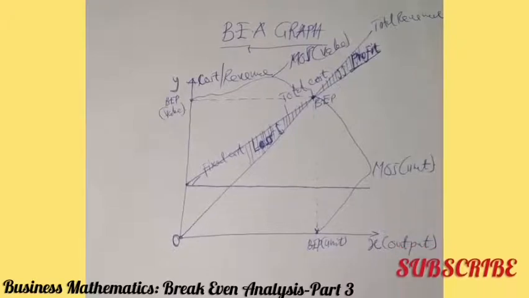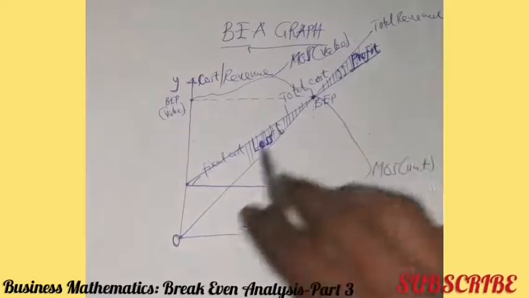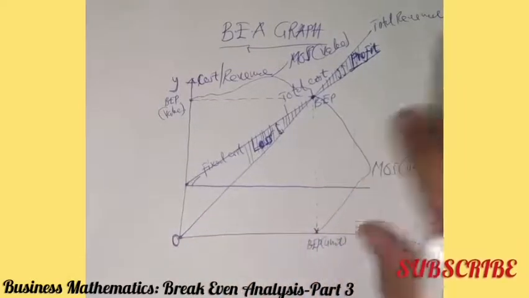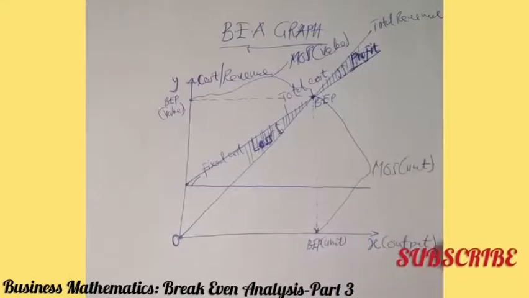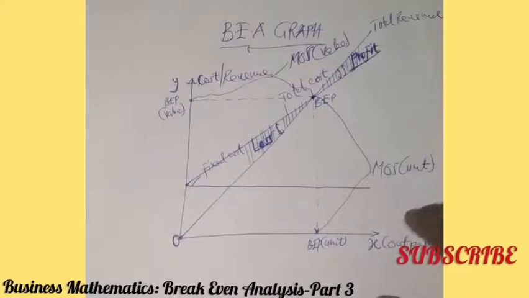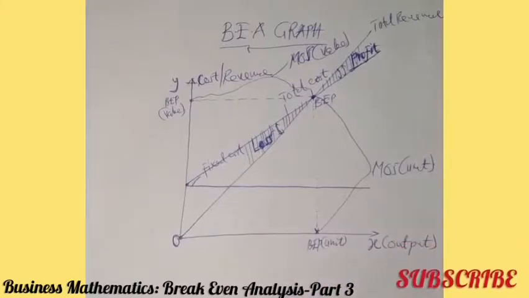Then in between your total cost and your fixed cost, we have what we call your variable cost. But this one is a traditional graph. Most of the time, I don't present the variable cost curve or line here. But if we were to engage on the contribution break-even graph, that's where you are going to have your variable cost curve line.